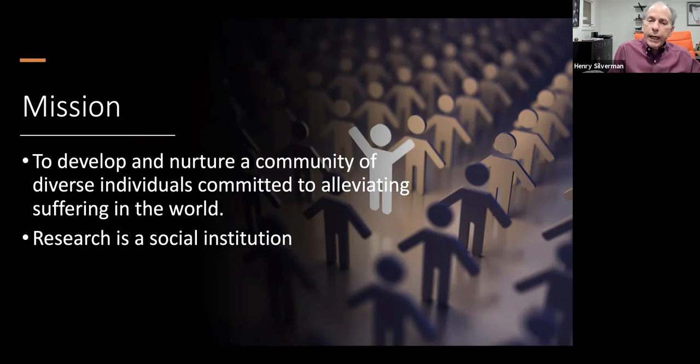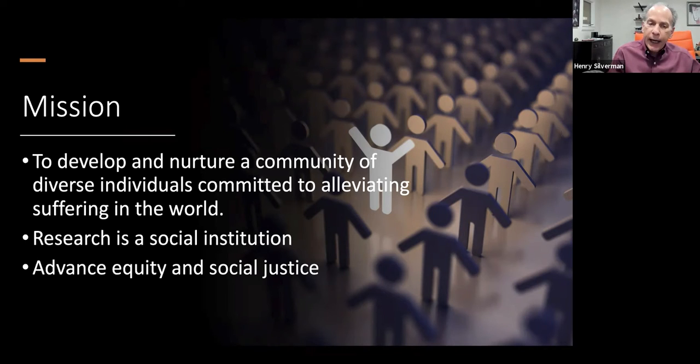Essentially, we consider research as a social institution to advance the health of communities and countries. And when you think about research as a social institution, we're talking about advancing health equity in your community and also advancing social justice.